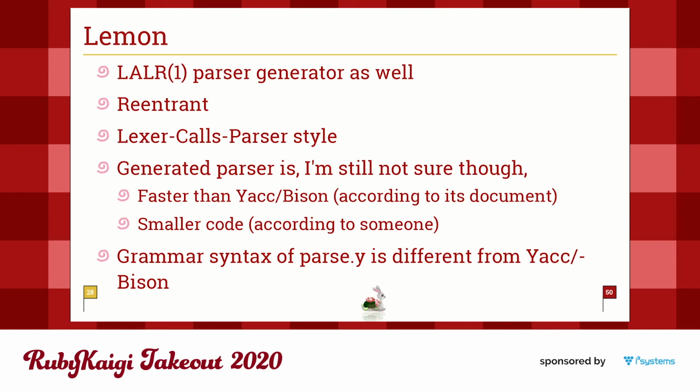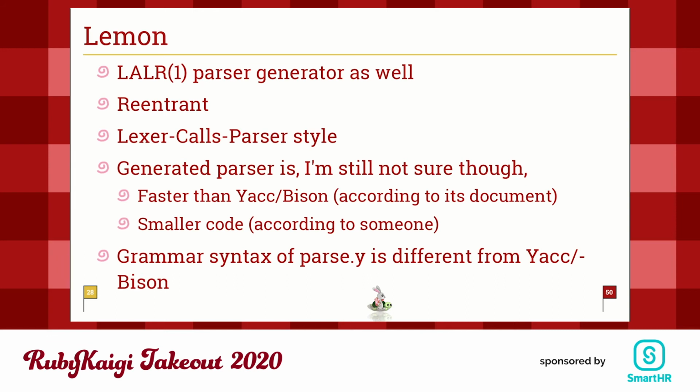To summarize Lemon, it is also an LALR parser generator. It is a reentrant, lexer-calls-parser style. According to the document, it is faster than Bison, but I don't know if it's true. And according to Matz, actually Matz told me that code size will be smaller than Bison.